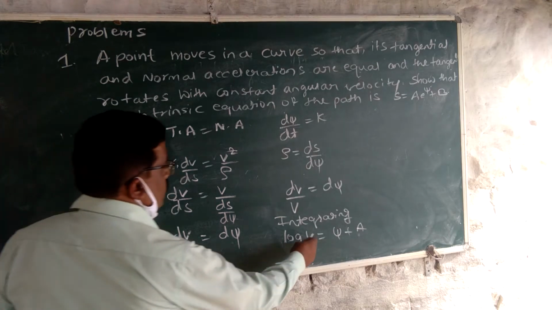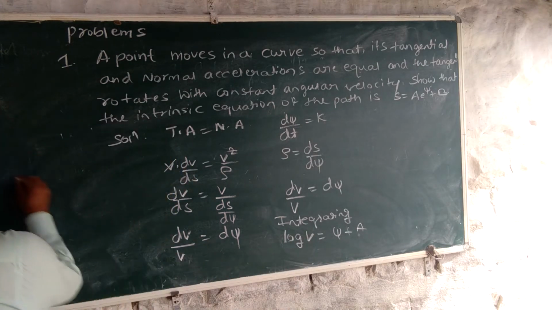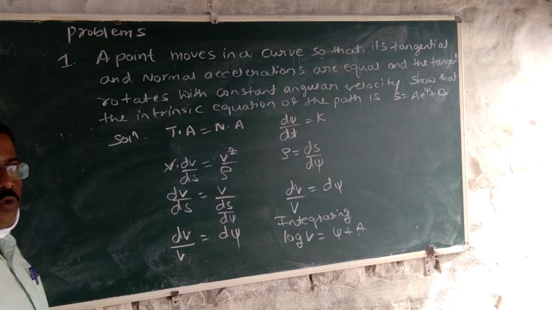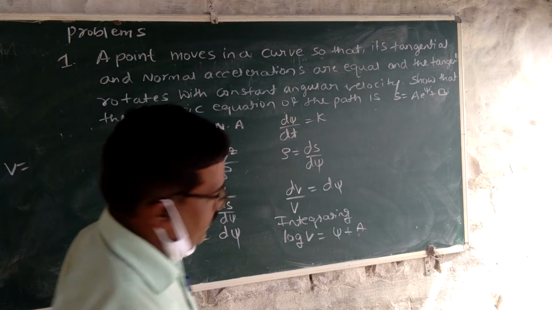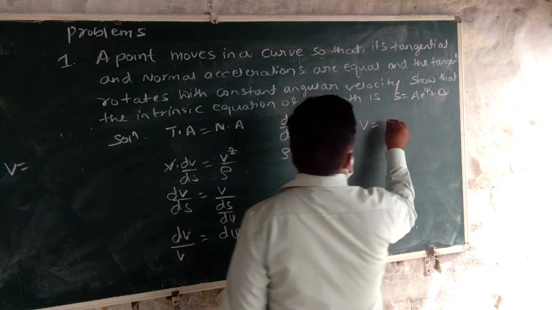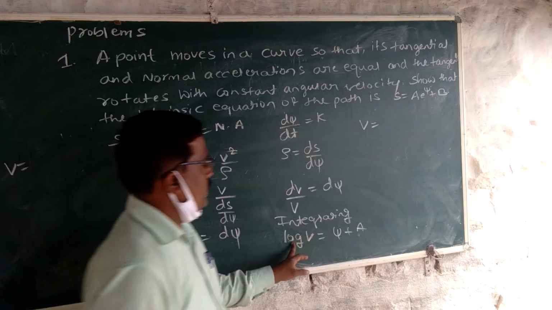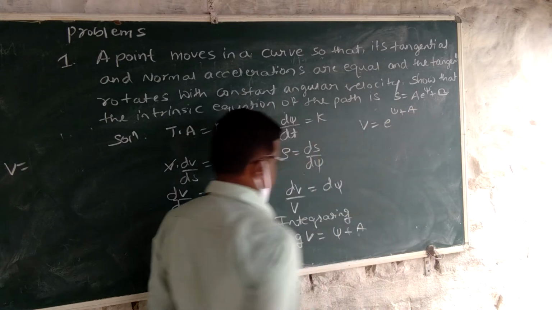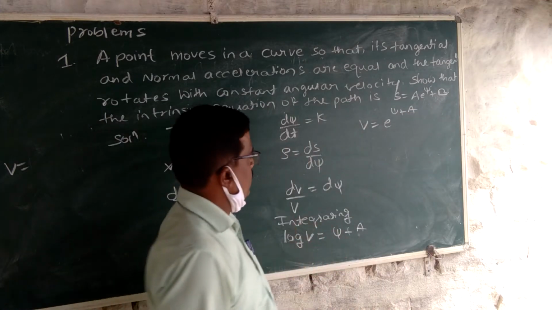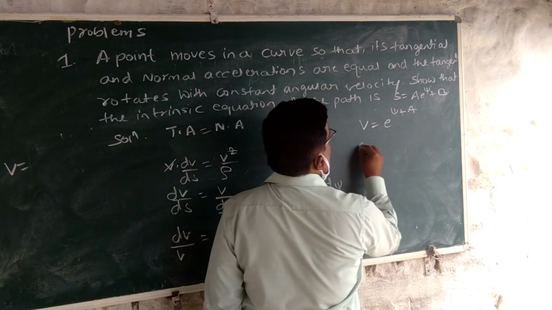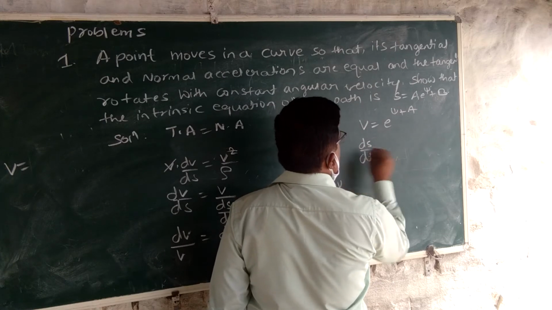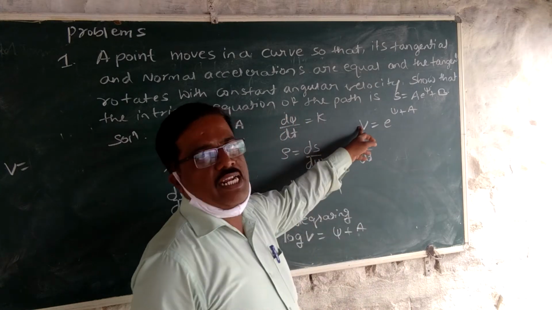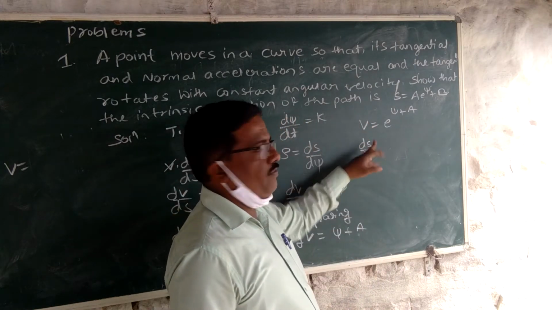Now v is equal to, taking the log to the other side, e raised to psi plus a, applying logarithmic properties. Now v is ds by dt because v is the velocity, the rate of change of displacement.